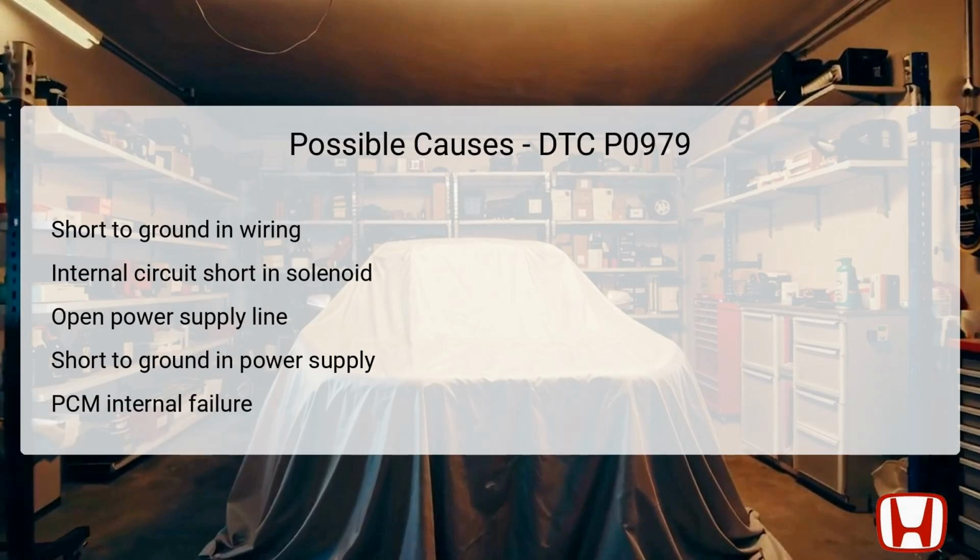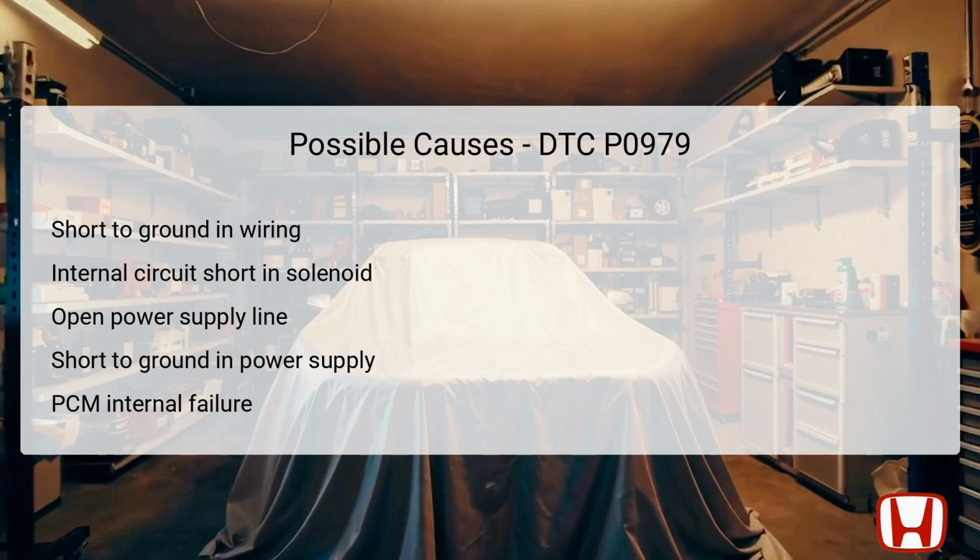When diagnosing the DTC P0979, several potential causes need to be considered. First, there might be a short to ground in the Shift Solenoid Valve C wiring, which can disrupt the electrical signal and cause incorrect operation. Alternatively, an internal short circuit, specifically within the solenoid itself, can prevent it from functioning correctly.